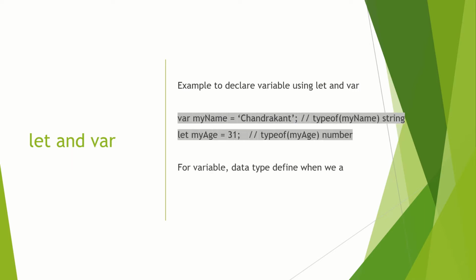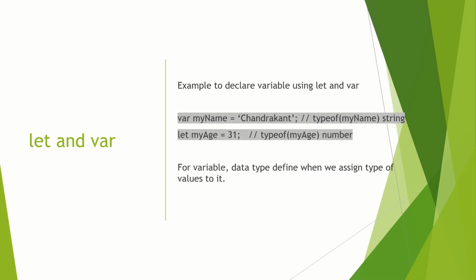Let's understand it by example. Here I have declared one variable myName with the value Chandrakant, and when I use typeof myName it will print string. Another variable I have declared with the let keyword, and I have assigned the value 31 to my myAge variable, and when I use typeof myAge it will print number.